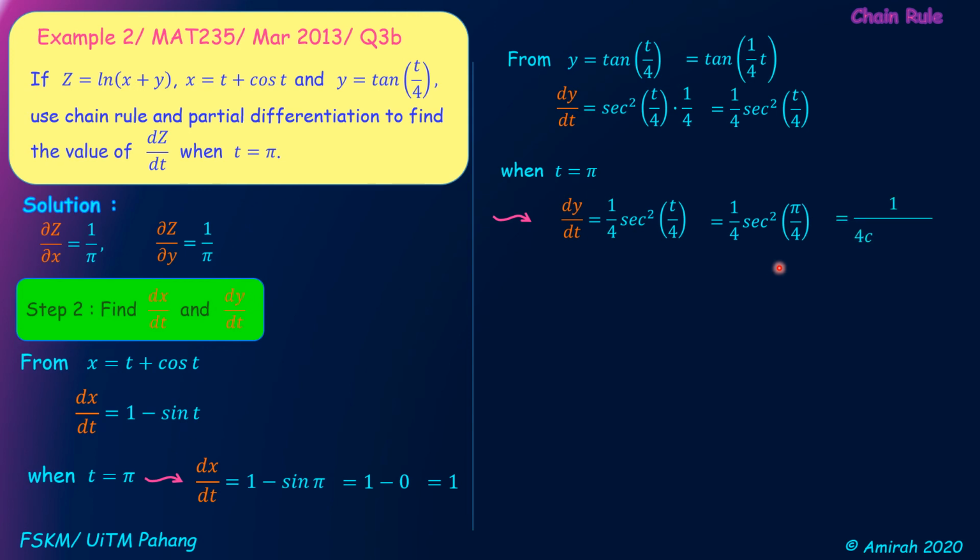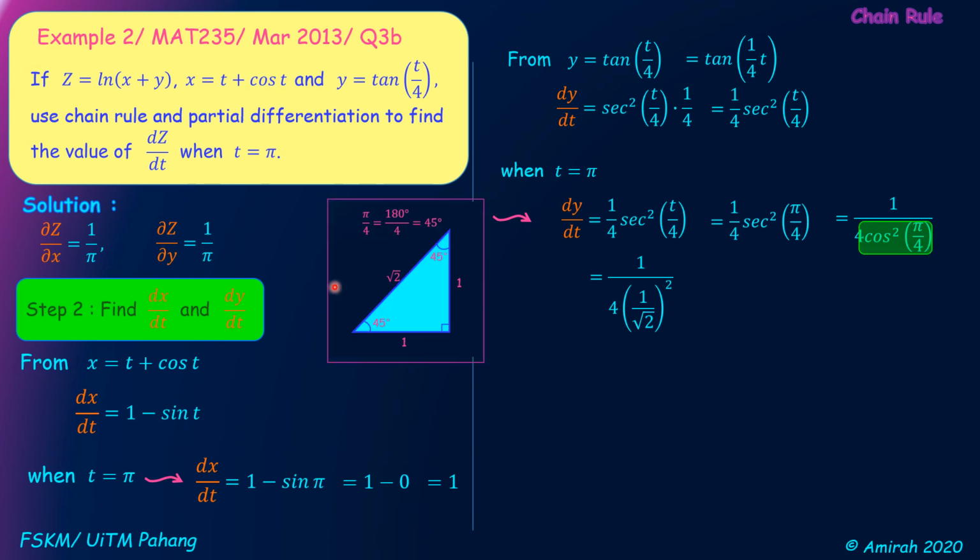To find the value of sec squared (pi/4), we can use the reciprocal function, where sec (pi/4) means 1 over cos (pi/4). Cos (pi/4) equals cos 45 degrees.